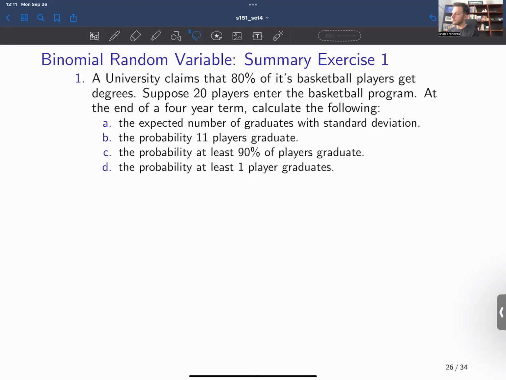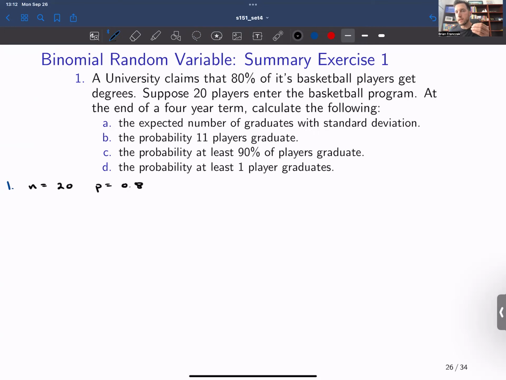We are going to assume for all problems that little n is equal to 20. So the number of players entering the program is our sample size, or the number of trials taking place in this binomial experiment. The probability the individual player gets a degree is 0.8.